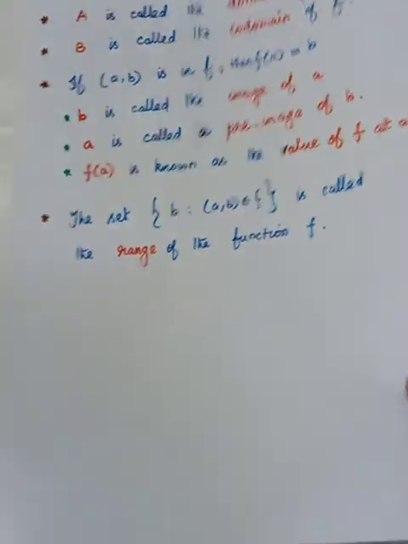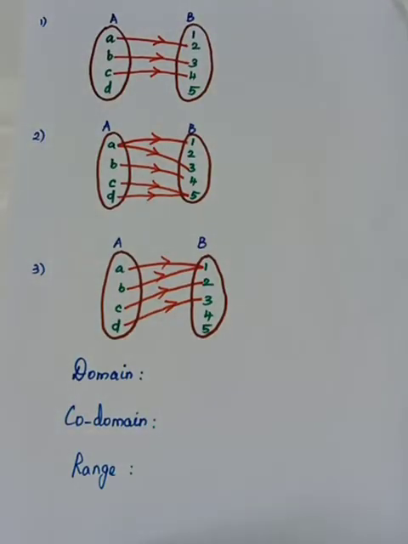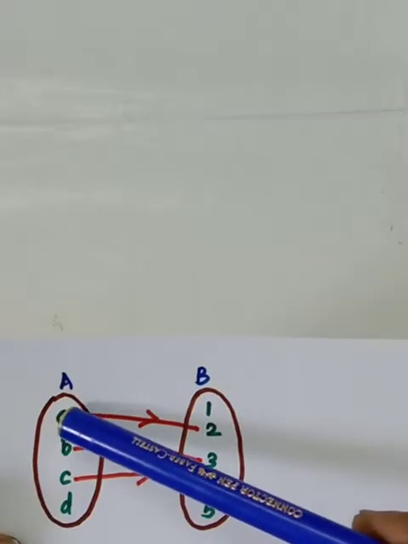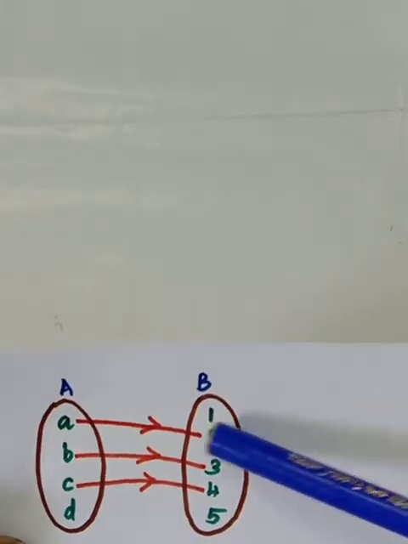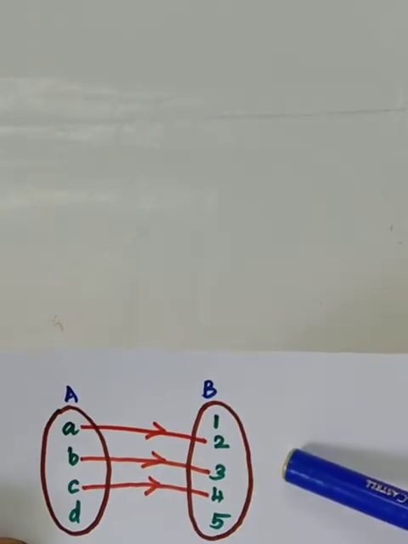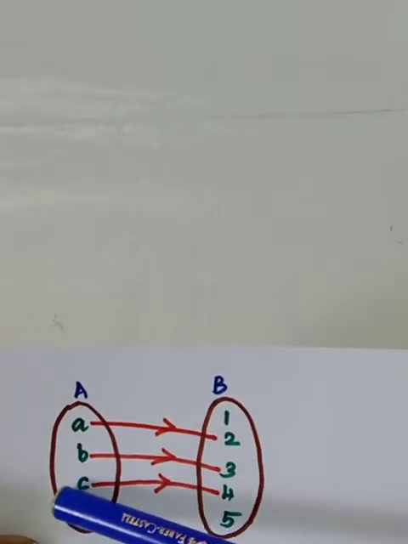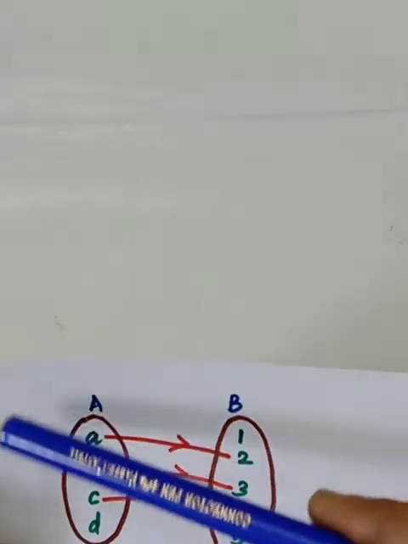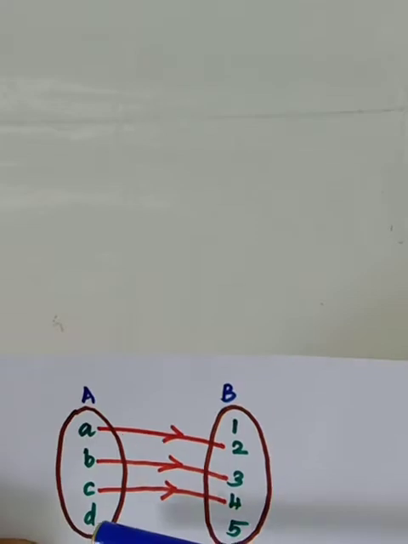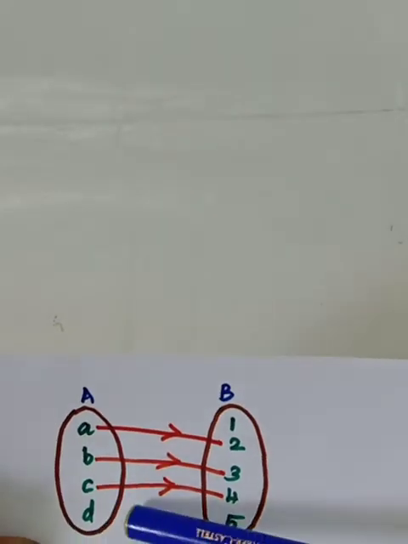We will see all those things in 3 examples. Consider the first example. Is it a function? A is mapped to 2, B is mapped to 3, and C is mapped to 4. But in the domain, the element D is left out without mapping.